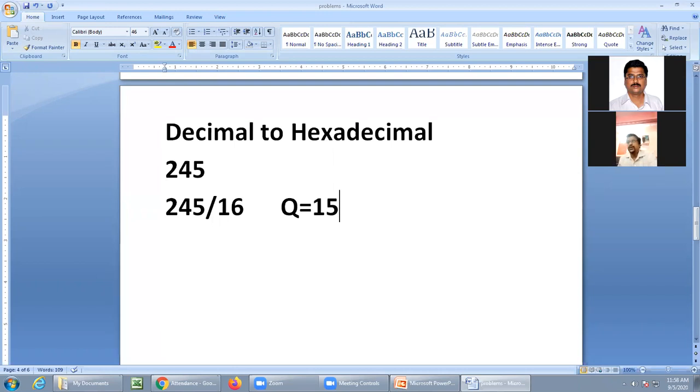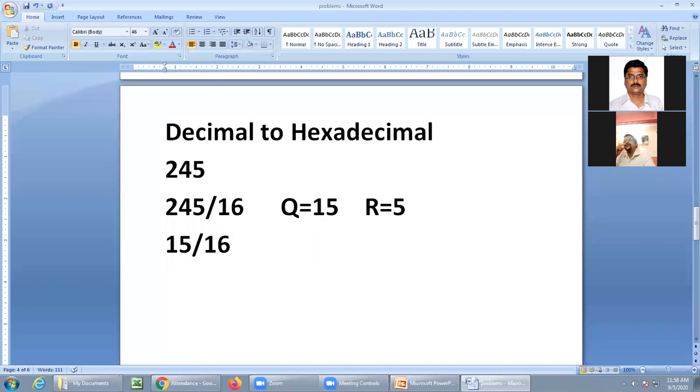If I divide 15 times, what will be my remainder? 16 into 15 is 240, so the remainder will be 5. Now I take the new quotient and divide it by 16.